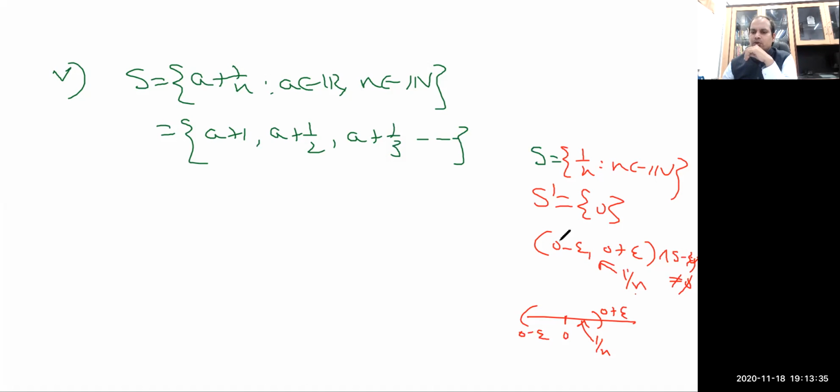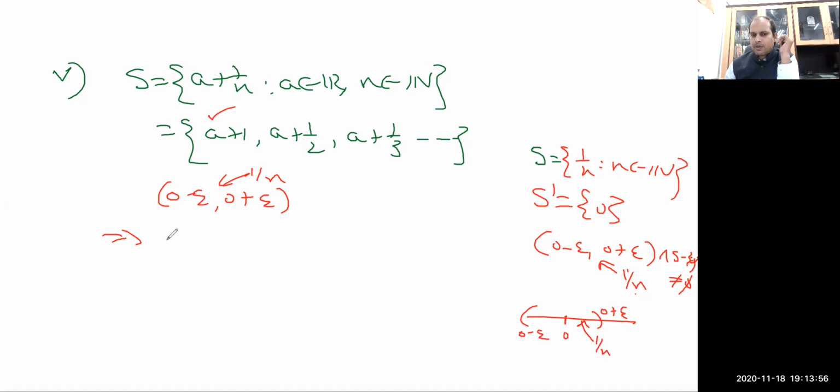So just shift 0 to a. Again here, directly from the Archimedean property of real numbers, one can say that every neighborhood of 0, that is 0 minus epsilon, 0 plus epsilon, contains infinite members of the type 1 by n, and let us shift this 0 to a.